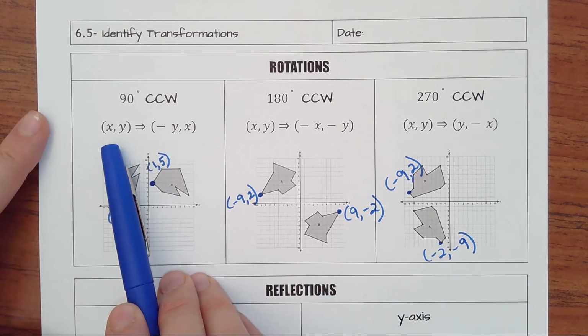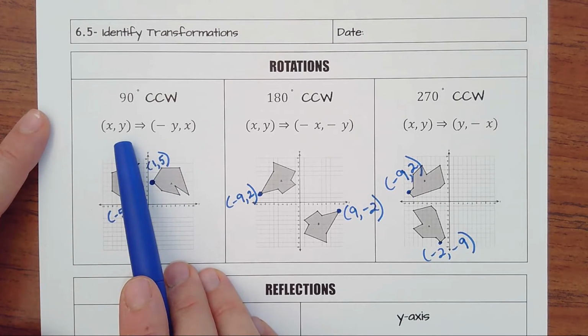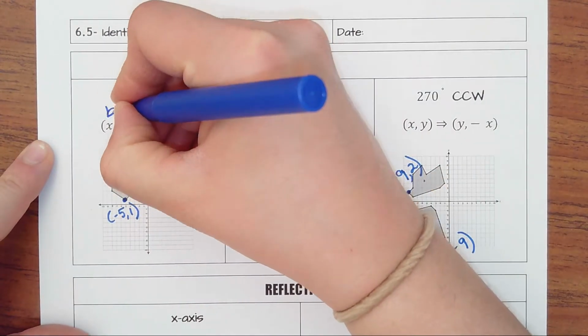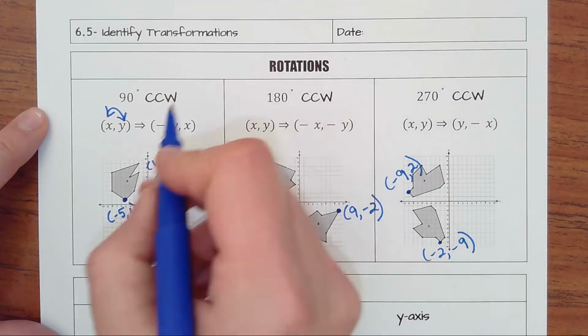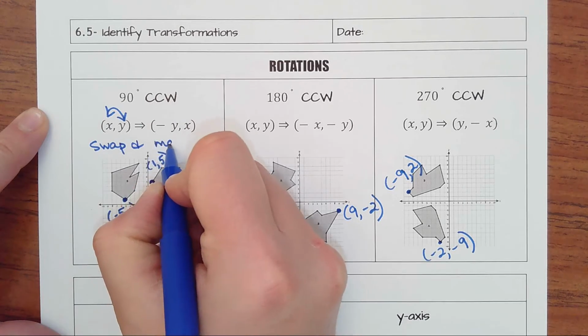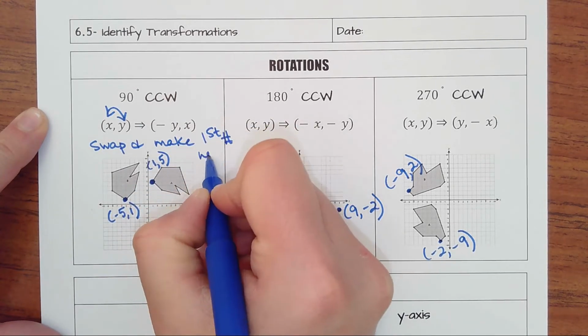If you have a 90-degree counterclockwise rotation, you take the ordered pair (x, y), you flip it, and then you make the first number negative. So I'll go ahead and write that down. That would be a good thing to have in your notes. So swap and make first number negative.